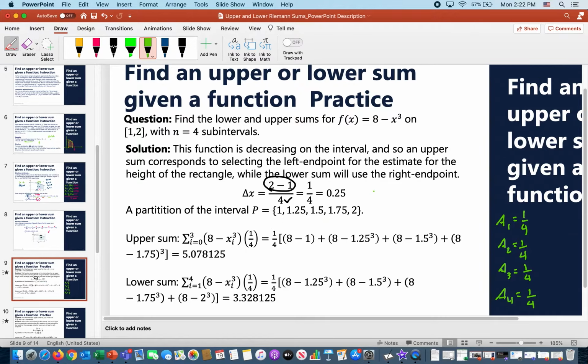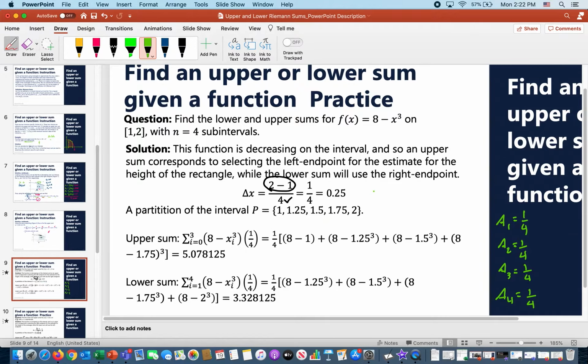And you'll notice that this value at 1.25 is 6.05, and this one at 1 is 7. So if I'm finding an upper sum, I want to use the bigger of these two values. Okay, so it turns out that as you go throughout, right, as you go this way, the value is going to decrease.